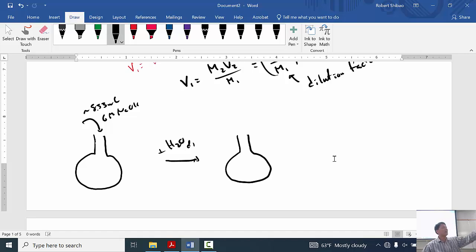Now, does a Florence flask tell you, if I fill it up to the top, do you think that's 500 milliliters? No. All the Florence flask is designed to do is hold at least 500 milliliters. And so they're going to make it bigger. And so what we're going to do is we're going to say the 500 milliliters is going to be around the neck here. And so we fill with water to about the neck.